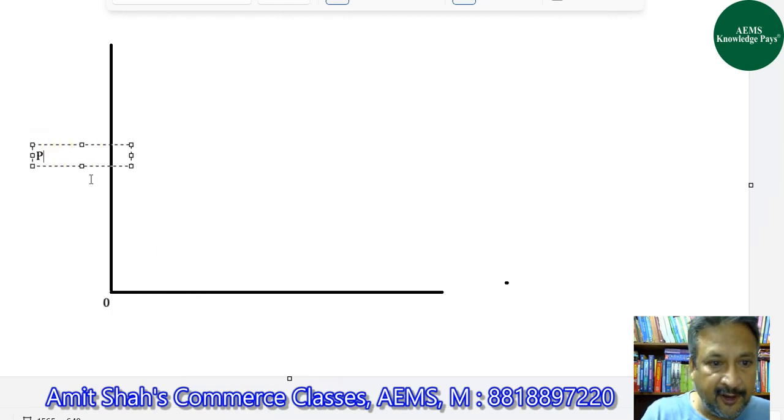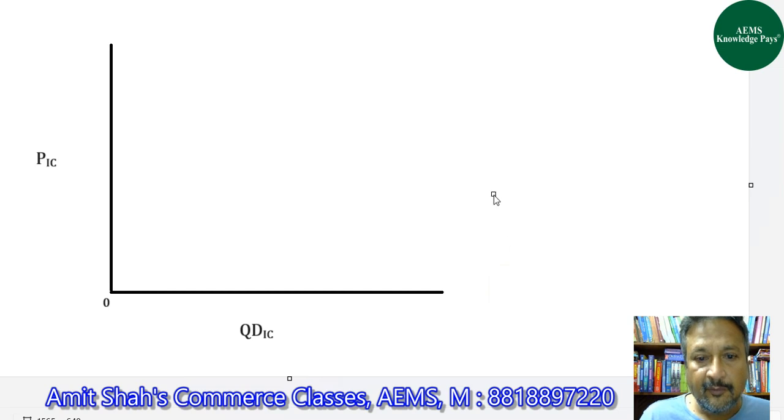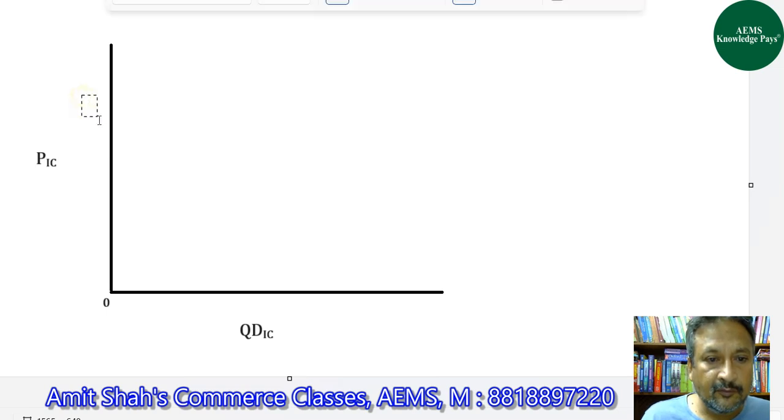Here we will keep price of ice cream. And here we will keep on x-axis quantity demanded of ice cream. Here I am making a scale of 5.